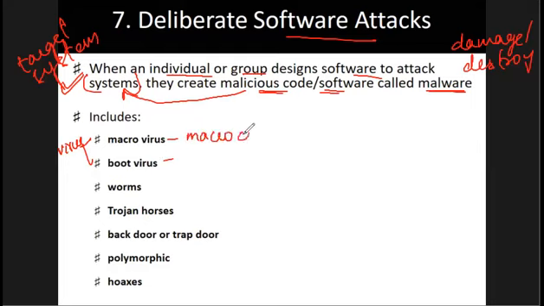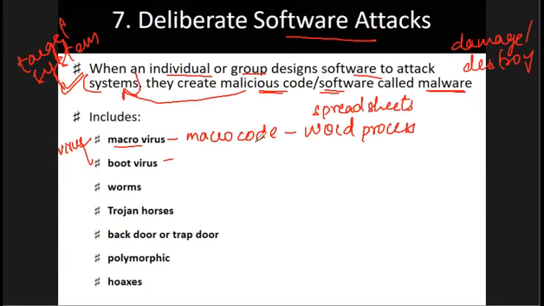Normally macroviruses attach themselves to either word processors or spreadsheets, that is your Excel files, or any database. This virus will damage the files. It is going to start from these word processors, spreadsheets, or your database.